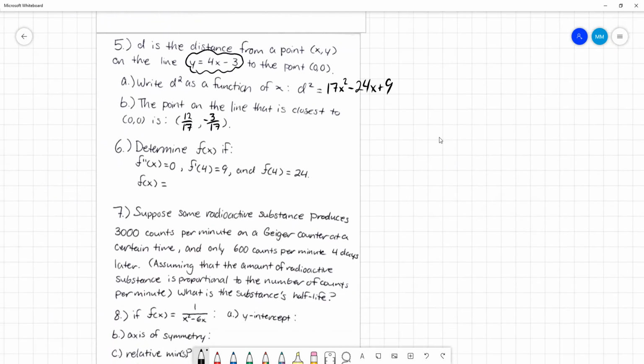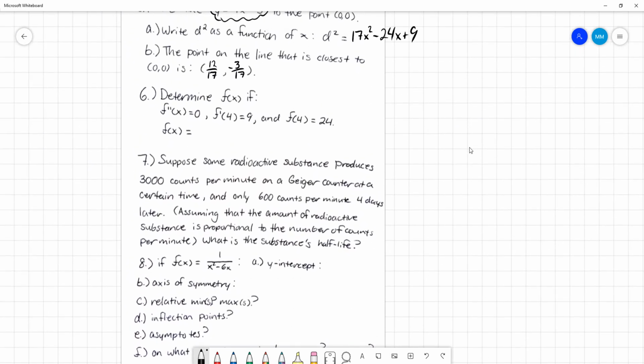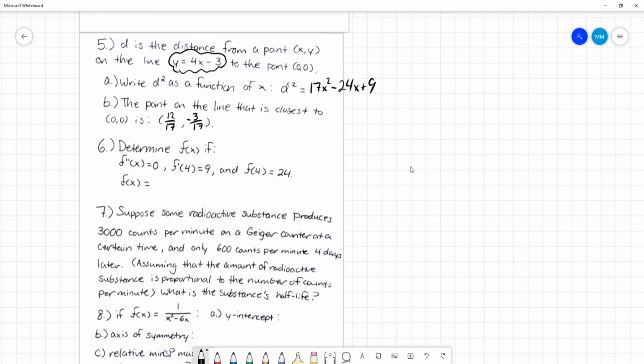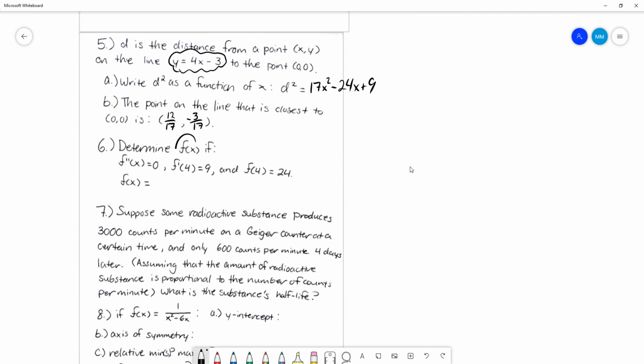We don't have too many for this one, there's only 8 total, but that 8th one takes a lot of time. But so number 6 says we want to figure out the original function, f of x, if the second derivative equals 0, the first derivative at this point equals 9, and the original function, when x equals 4, equals 24. So of course, for my second derivative to equal 0, I know that the only derivative of something that equals 0 is a constant, right?